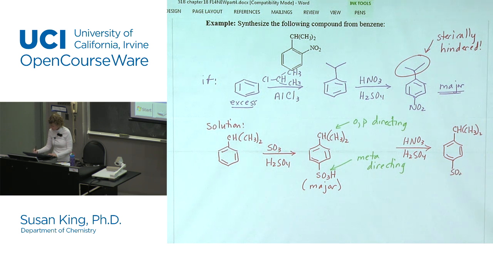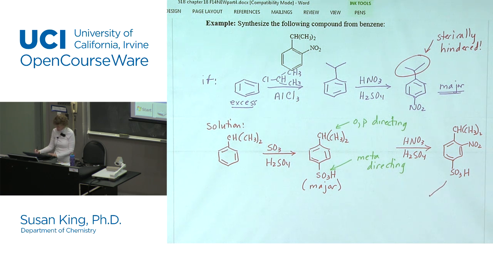Here's our sulfonyl group, and this will be right here, ortho to the ortho-para director and meta to the meta director. So both agree on where that should go.